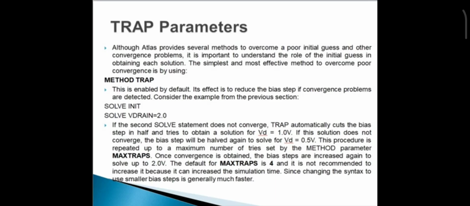Once convergence is obtained, the bias steps are increased again to solve up to 2.0 volt. The default of maxtraps is 4 and it is not recommended to increase it because it can increase the simulation time. Changing the syntax to use a smaller bias step is generally much faster and increases the speed of the simulation.